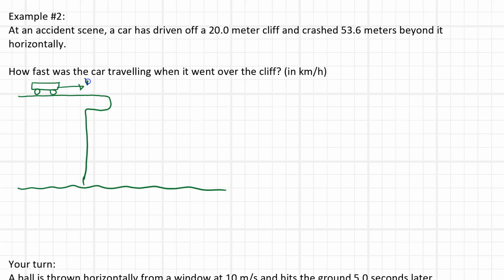So this is what we don't know. It was going off at this speed, and then it veers off into the water and crashes somewhere. We know that this height is 20 meters right here, and this over here they tell us is 53.6 meters. So there's a little diagram to help us out.